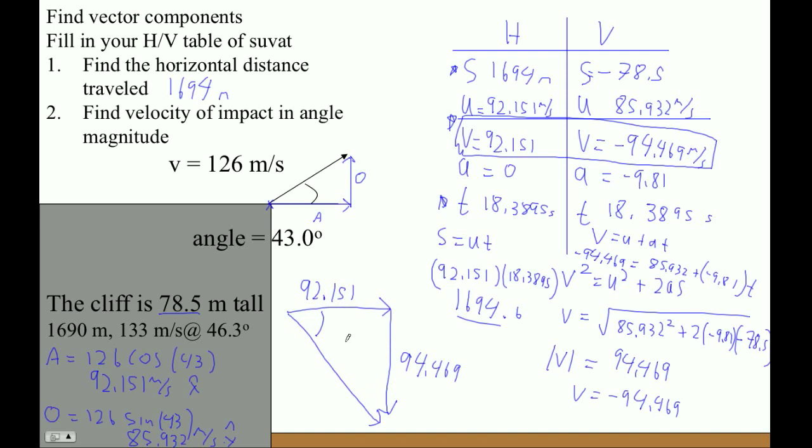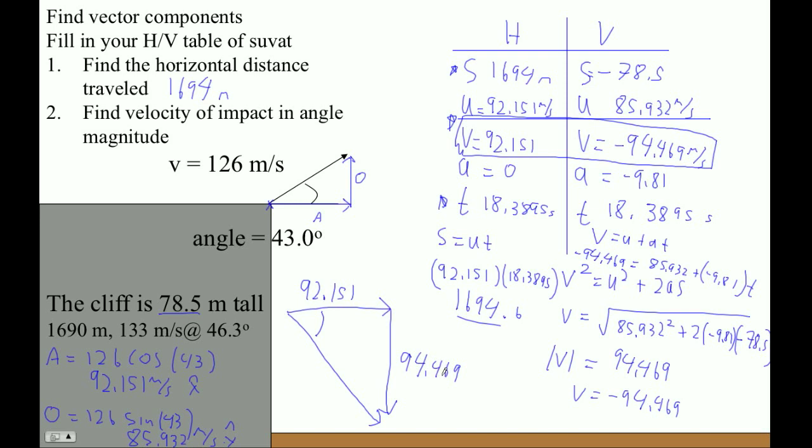The hypotenuse will be the square root of 94.469 squared plus 92 squared. Here I am just using the rounded values.